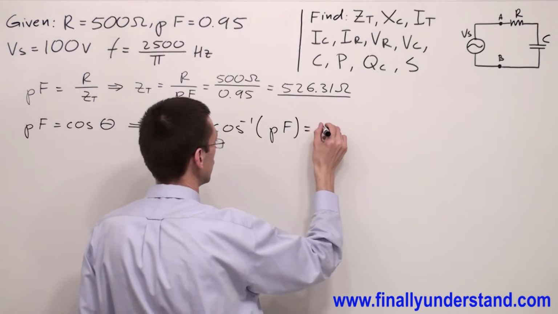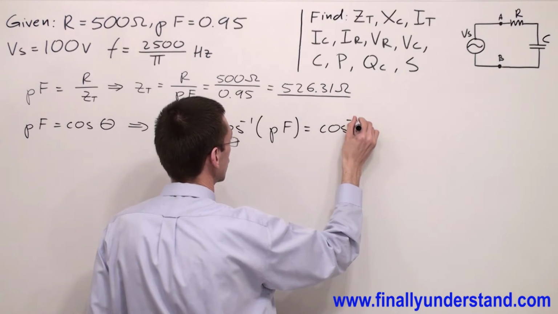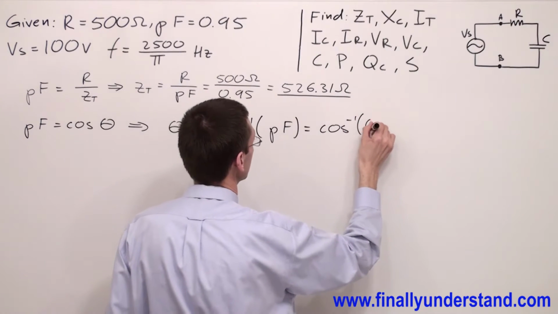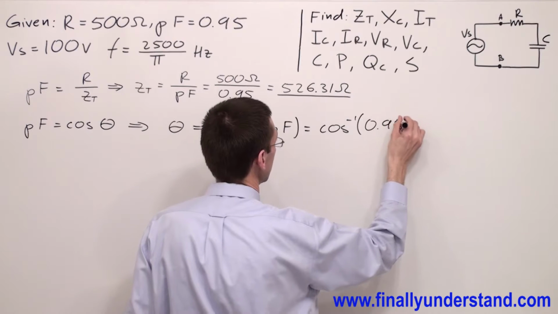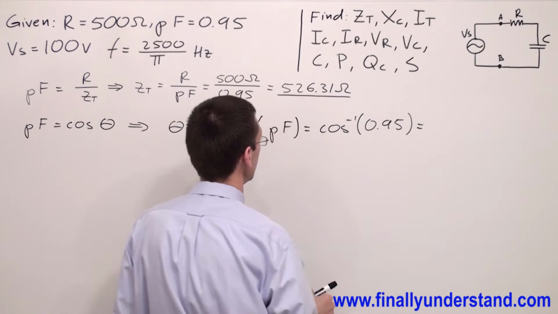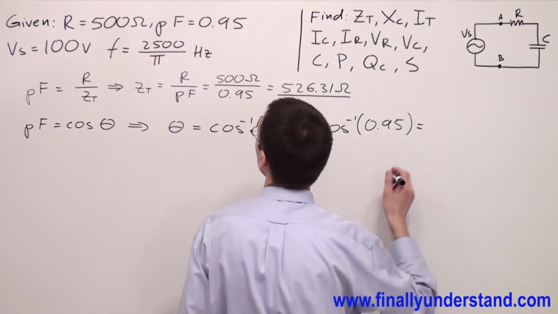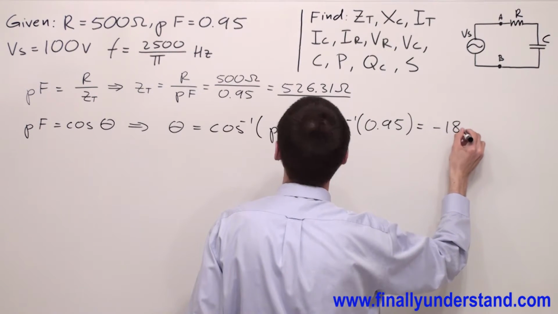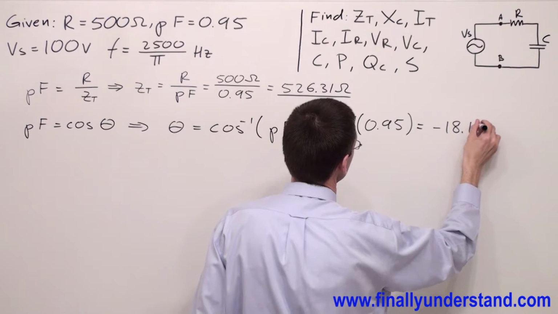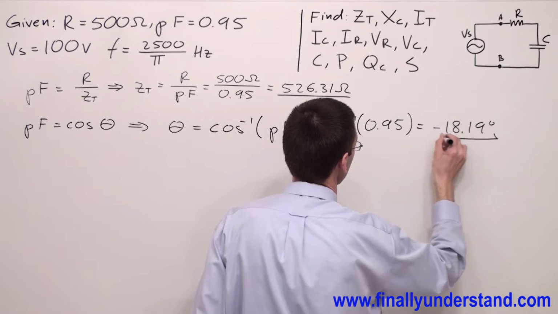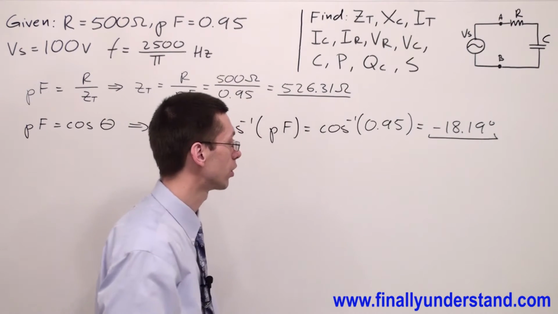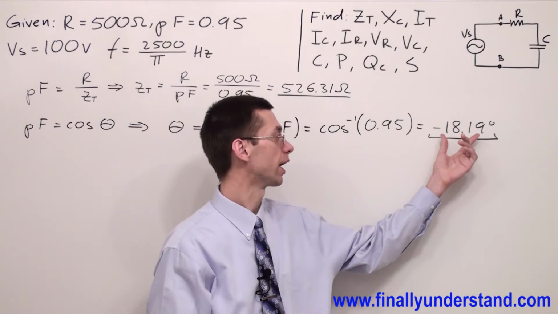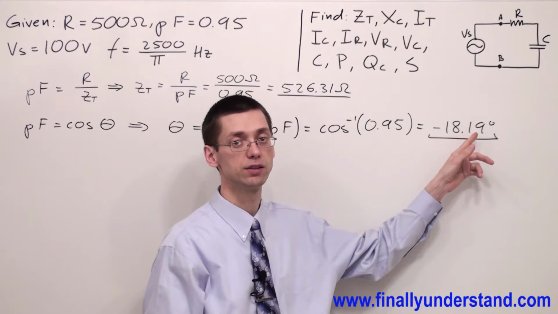So I have inverse cosine of 0.95. This is equal negative 18.19 degrees. Someone is going to say, how come? Because on my calculator I have 18.19.